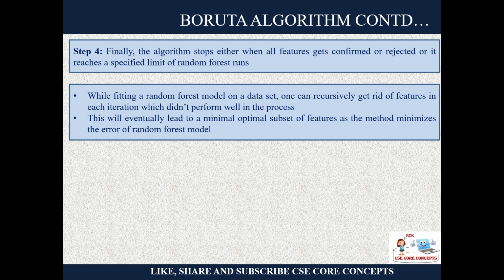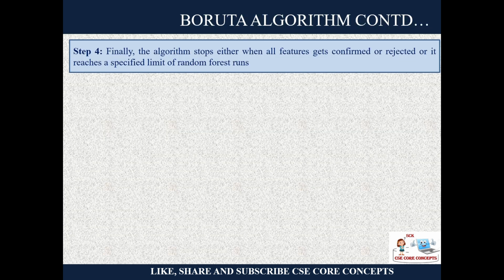So what you have to do here is create a random forest model based on the data, and it will recursively get rid of the features in every iteration which are not important at all. Slowly, in every iteration the subset of features will decrease, and only those features which are more important to you will be kept. Okay, so this is what is performed in the Boruta algorithm.